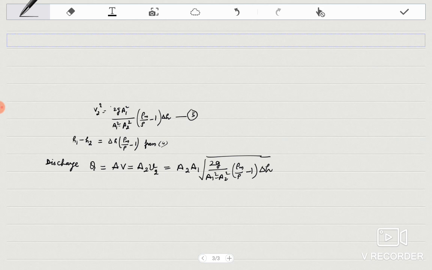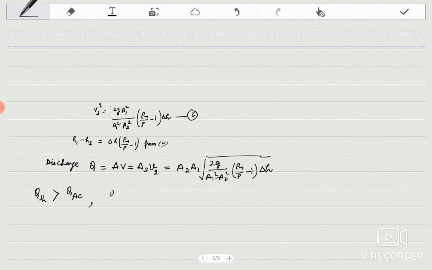upon rho, delta H. Now again, the theoretical discharge will be greater than the actual discharge, as I told you earlier, because in theoretical discharge you have assumed your fluid to be non-viscous while there is some viscosity, so there will be a loss of energy due to friction, and therefore whatever you have calculated theoretically will be greater than Q actual.